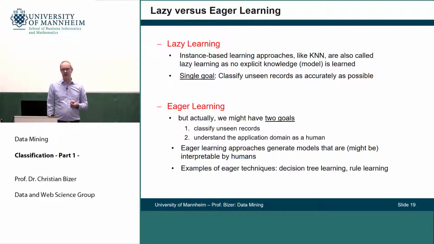So basically, if we use a model for saying this guy gets a bank credit and the other person doesn't get a bank credit, we want to be able to explain our decisions afterwards. This is called eager learning, and the next two classification techniques that we will look at, decision tree learning and rule learning, are examples of eager learning techniques where we learn a model that can also be interpreted to a certain extent by humans.